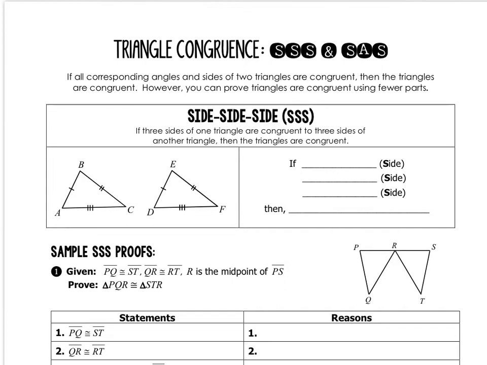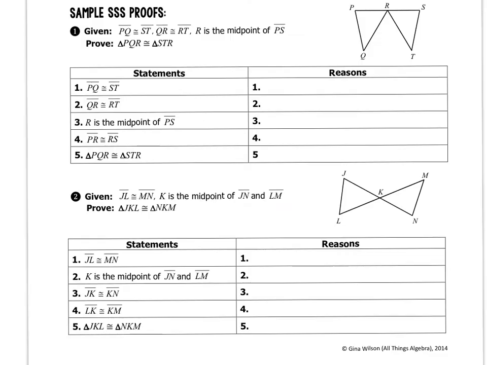So which means that in these 2 diagrams, if AB is congruent to DE because of these tick marks, and BC is congruent to EF, and AC is congruent to DF, then we can draw the conclusion that triangle ABC is congruent to triangle DEF. So that's what SSS states.